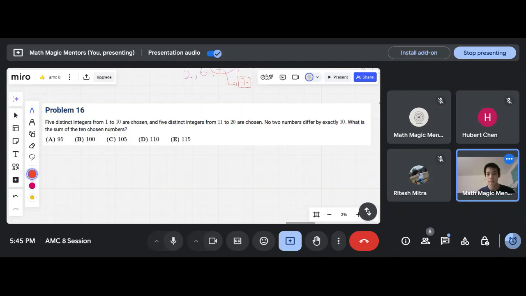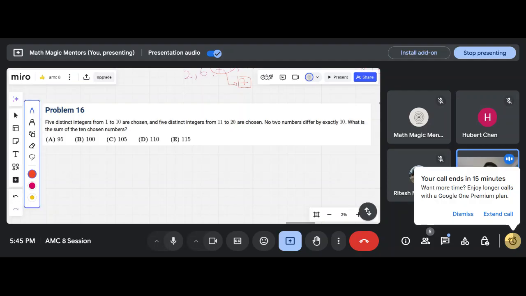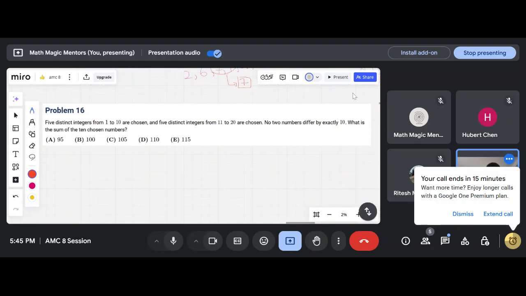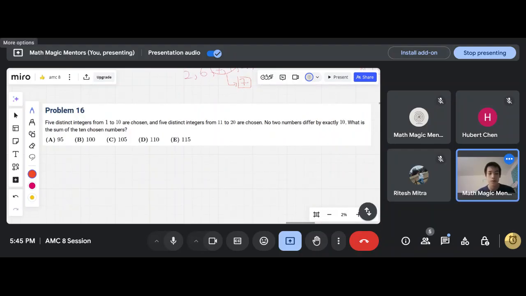All right. Let's see. So the interesting condition, right? And n equals 34 is correct. I just checked it with the answer key.